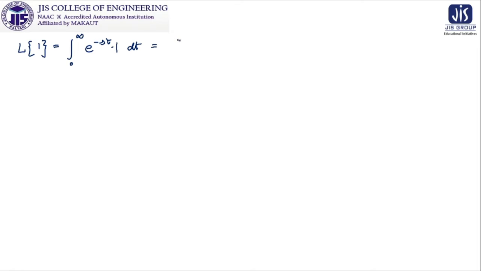Here we can do it directly: e to the power minus st by minus s from 0 to infinity is equal to minus 1 by s, then 1 by e to the power st. I am doing it in a very simplified manner.